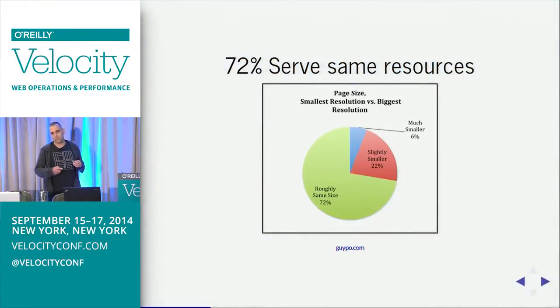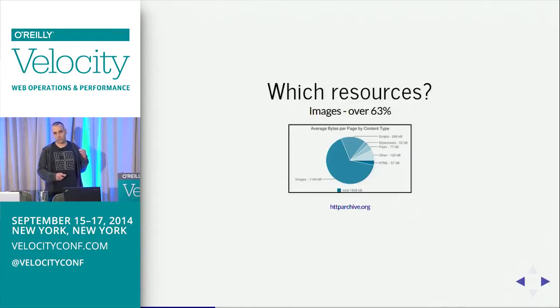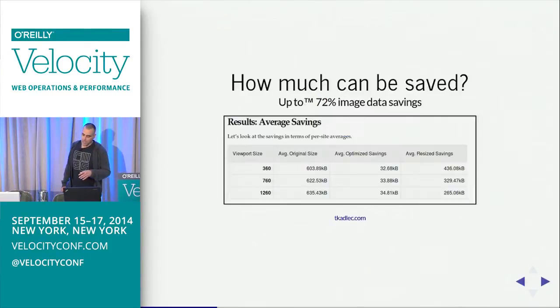The reason for that was that 72% of the websites were serving the same resources regardless of the viewport. Most of these resources were images, and a ton of that could have been saved. A lot of data could have been saved by resizing the images to fit their actual display dimensions.